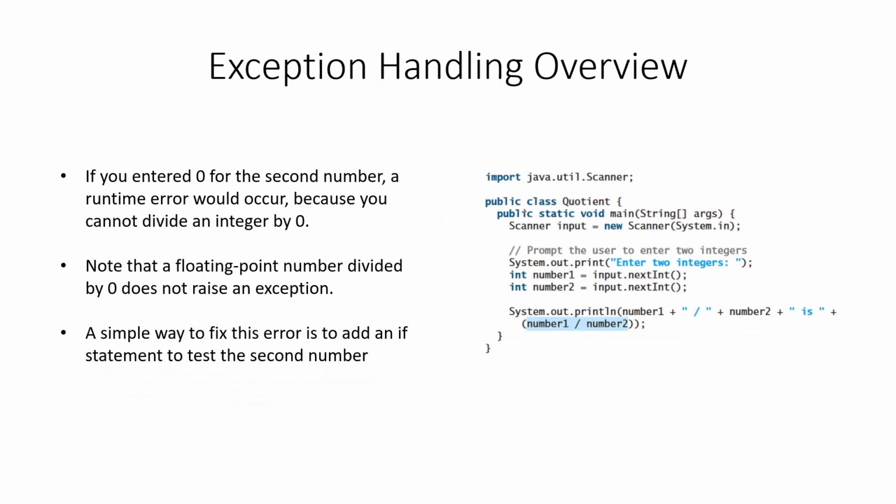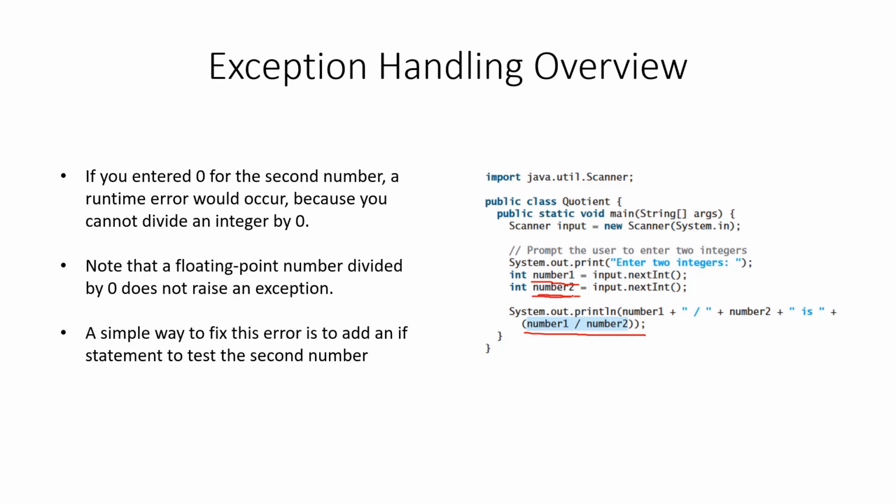So why do we need exception handling? Let's consider the case when we enter two integers, number 1 and number 2, and then we want to print a message where we divide number 1 by number 2. This code works fine, but it doesn't consider the case when, for example, number 2 is 0.